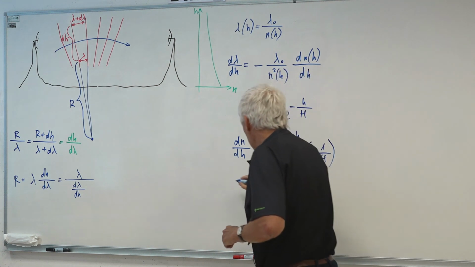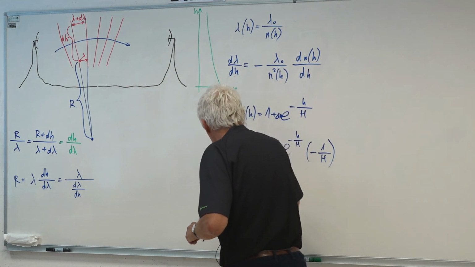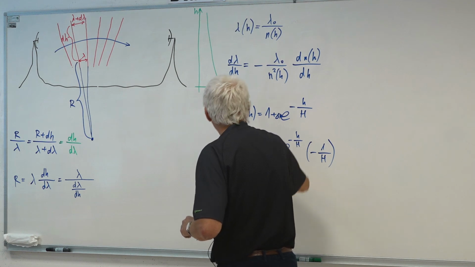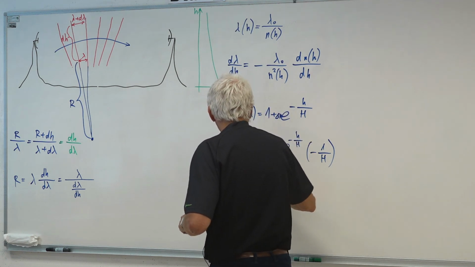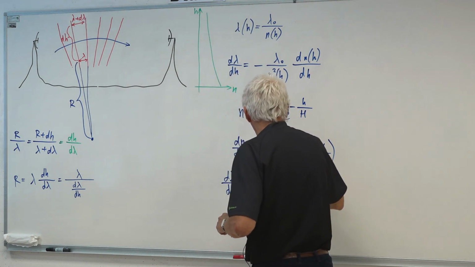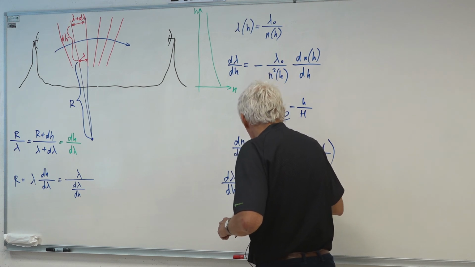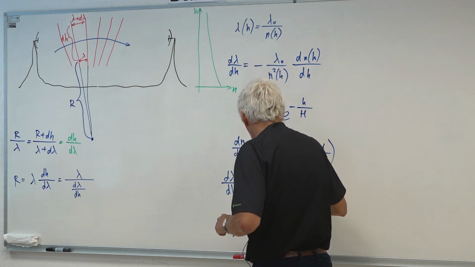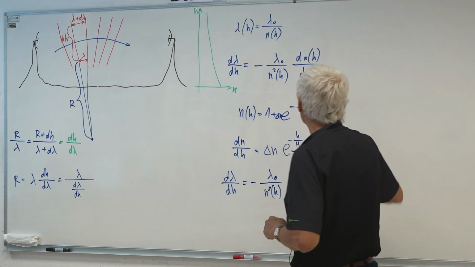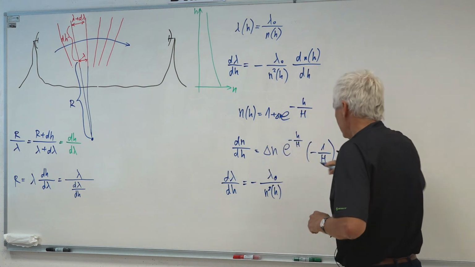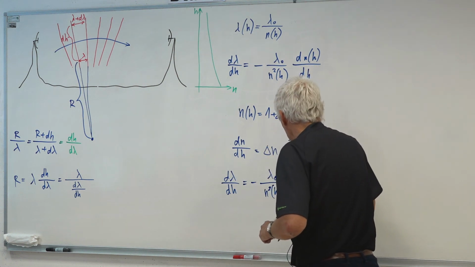So let's now calculate the overall d lambda over dh. This is minus sign here, lambda 0 in vacuum free space, n squared of h times the result I have here, delta n.